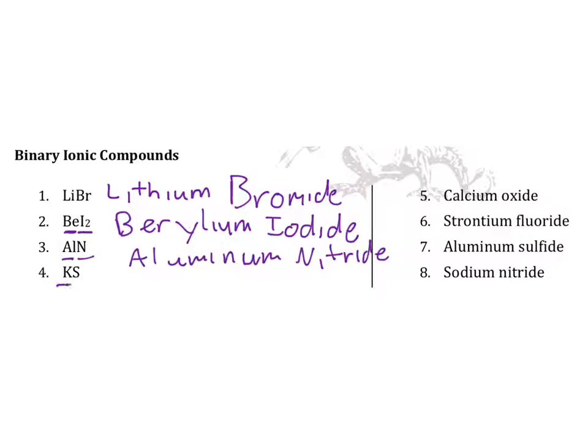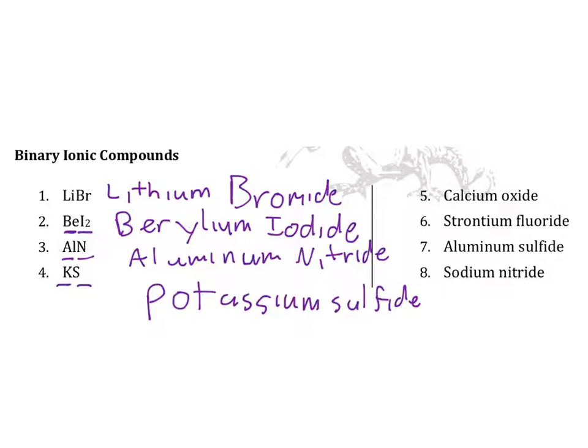And then we have potassium sulfide. And again, sulfur becomes sulfide. So that's how you name it. It's very straightforward. You just name the element, except for the second one you change to "ide."